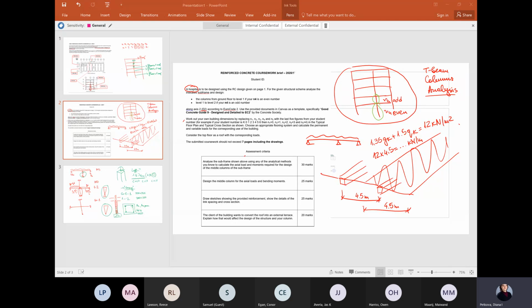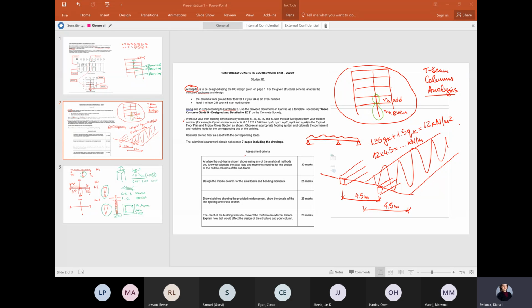Well, if you look at the lecture from this week on analysis, you see that I talk about different types of subframes. I think you'll find the analysis a bit more challenging if you have more complicated subframes. So I've simplified the analysis to hopefully things that you know how to solve.